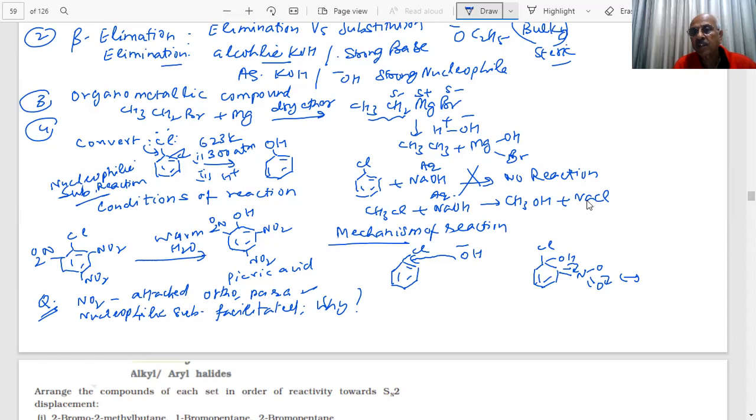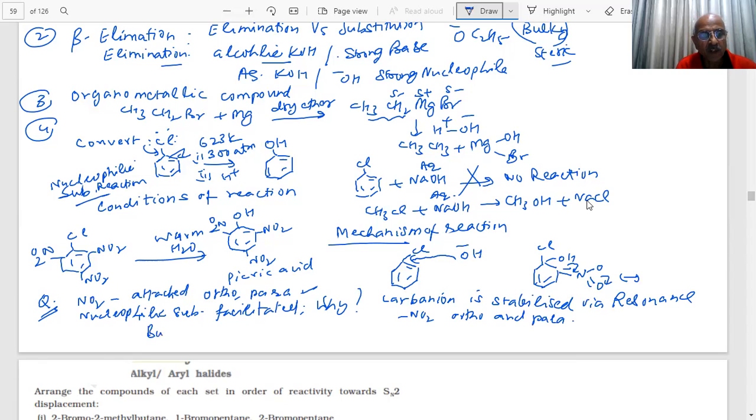The negative charge is delocalized, is dispersed, is stabilized. The carbanion is stabilized, student, via resonance when NO2 groups are present at ortho and para positions.